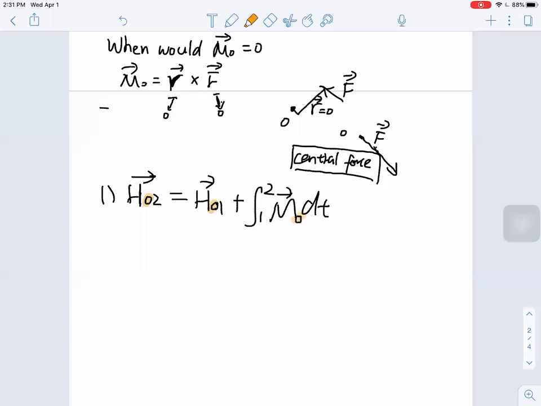It's important, since we're talking about angular momentum. The angular momentum and moment have to be about a point. So that highlights there, it's a point O, a fixed point we're talking about. Whenever you use the angular impulse momentum equation, first identify which point you're referring to.